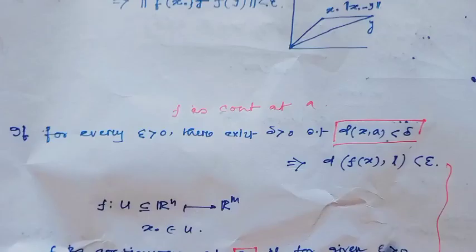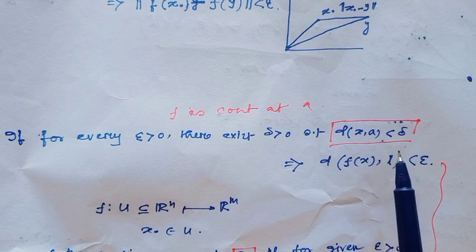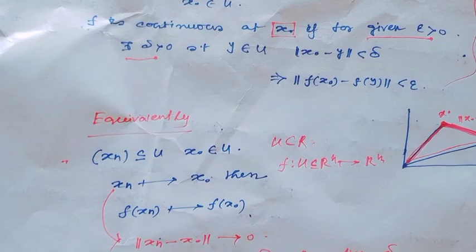In a metric space this definition is stated with a distance function, and sequentially this is equivalent to the following, which I had seen in my previous video.